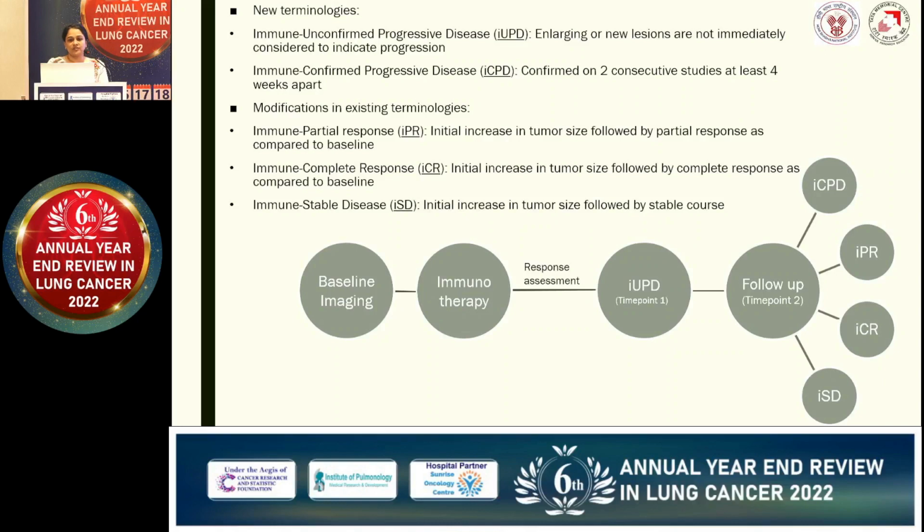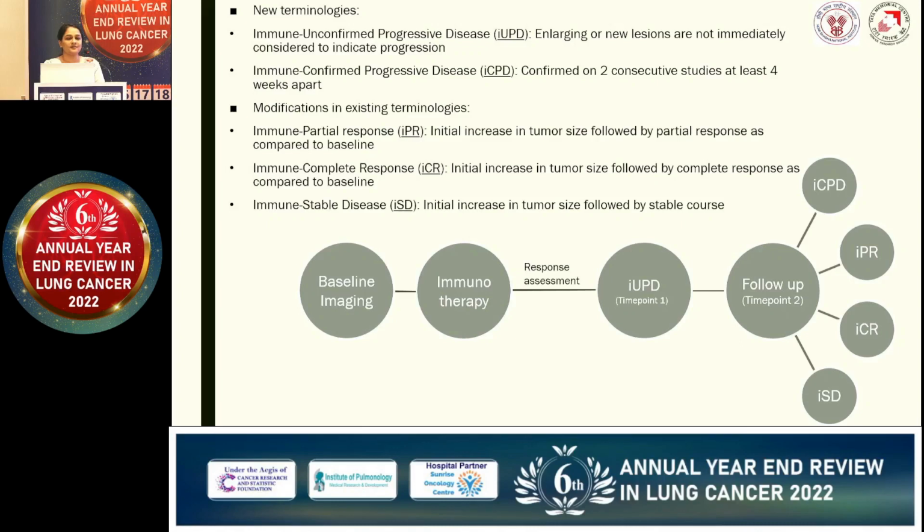I will just introduce you to some of the new terminologies we use, and we'll move on to a more graphic example after that. So there is iUPD and iCPD, which is immune unconfirmed and immune confirmed progressive disease. The first scan that is taken after starting of immunotherapy is at time point.